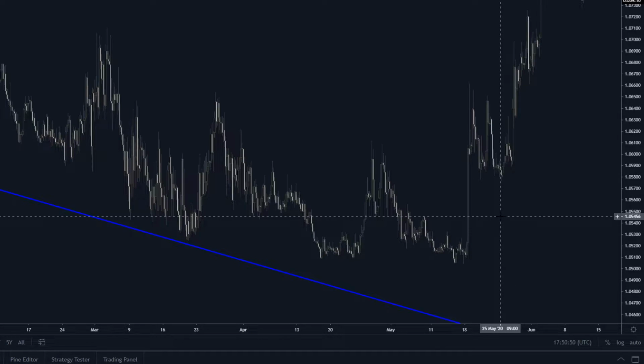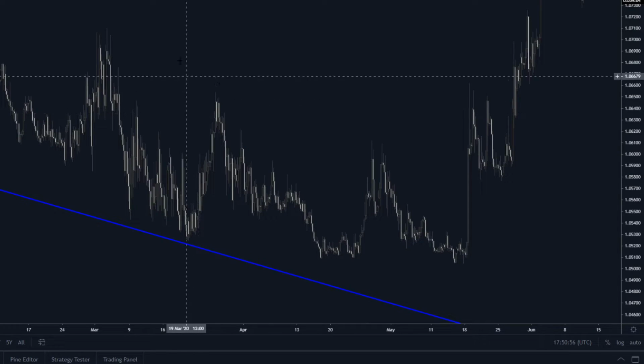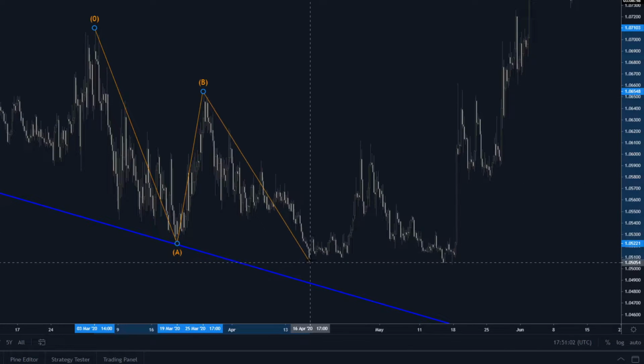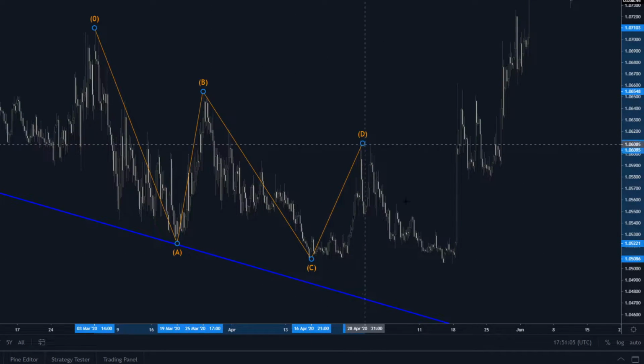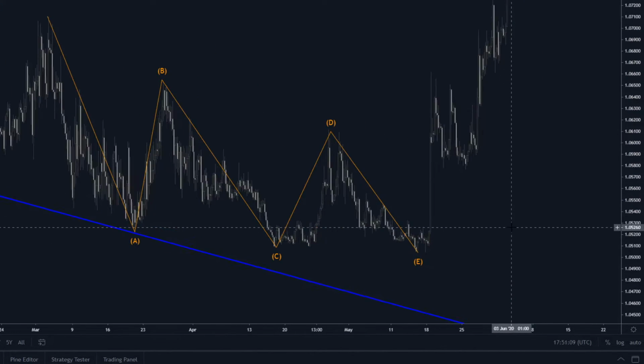And I'm gonna just trace my lines here. What I do is I look for the first stop. This is the pattern that I'm looking at. And I look for the first stop, and then that's my first low.